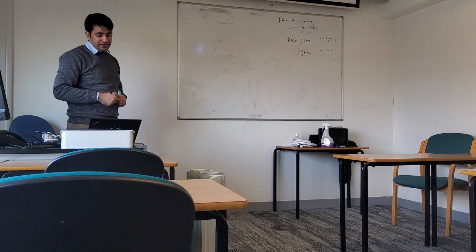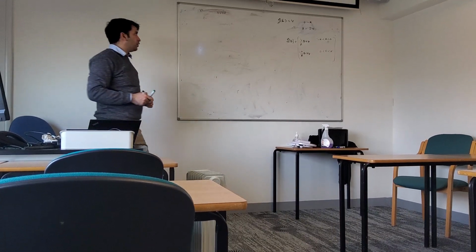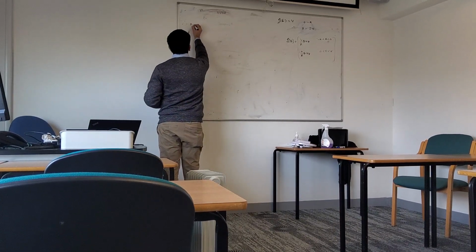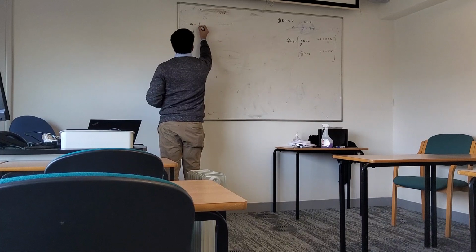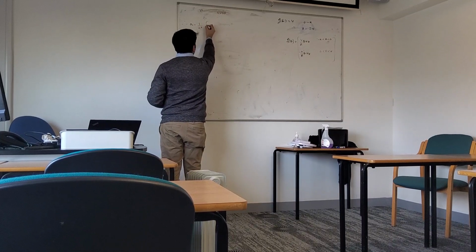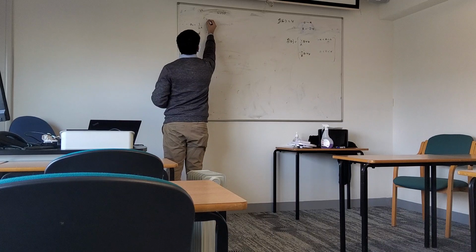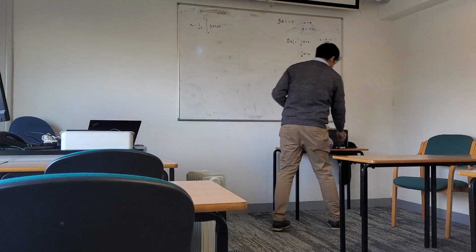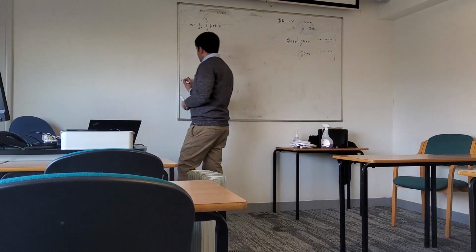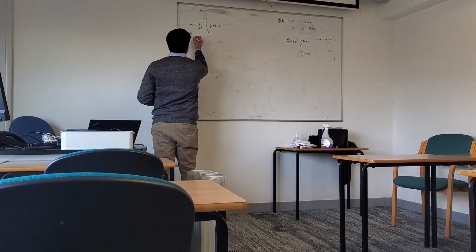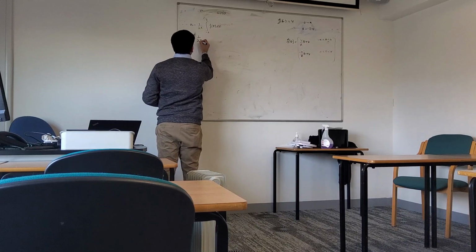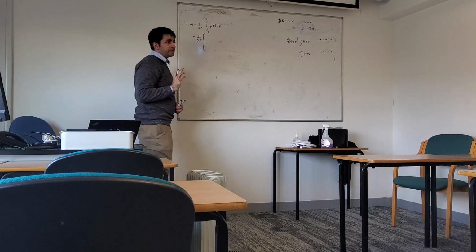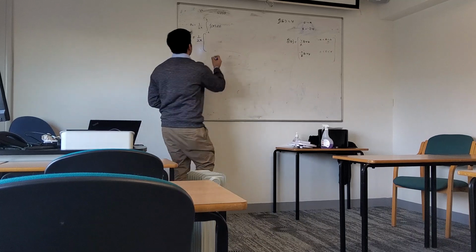Now we need to find A naught. So A naught is 1 by 2 pi times the integral from minus pi to pi of f of theta d theta. So 1 by 2 pi, now we need to break the integral because the function is in two parts.